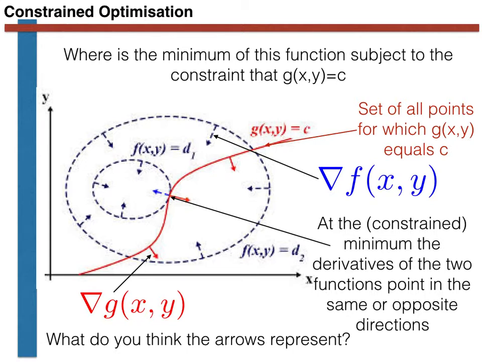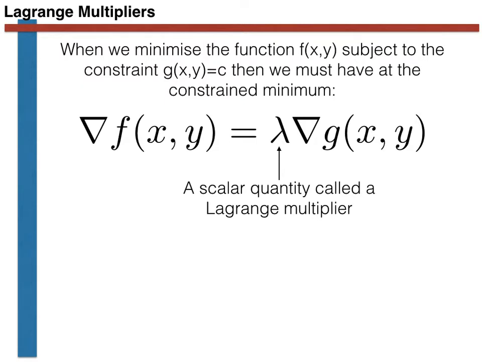In other words, the vector grad of f and the vector grad of g are either parallel or anti-parallel. This realization is the basis of the method of Lagrange multipliers.